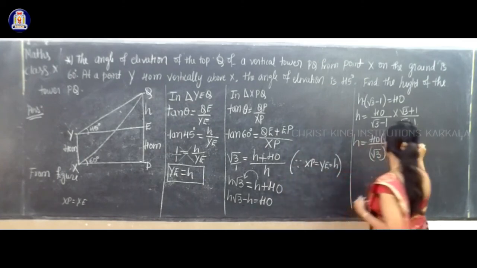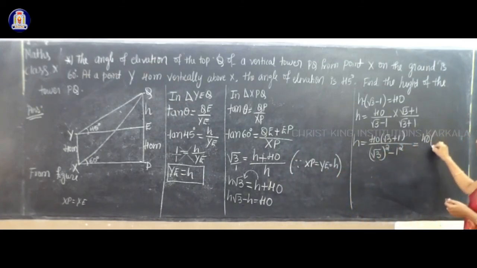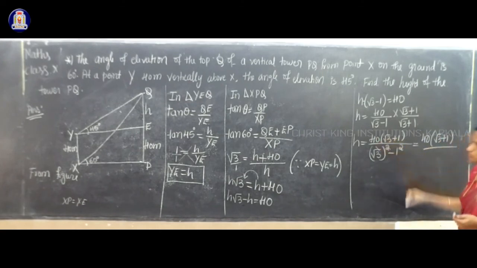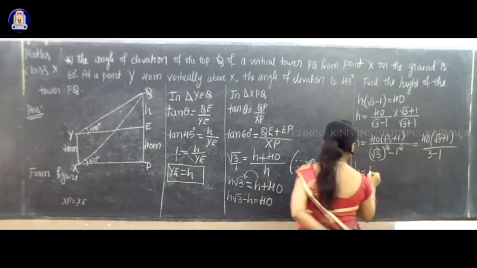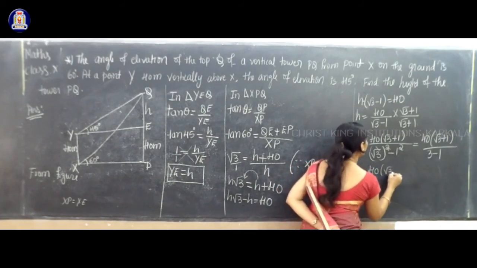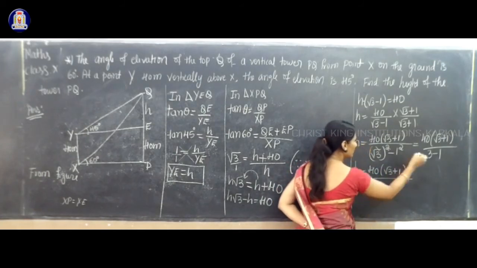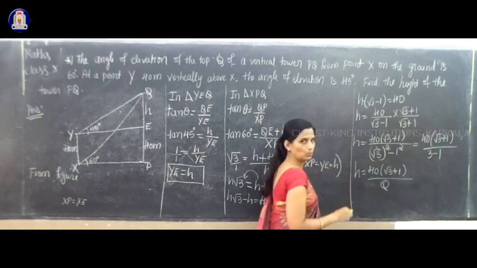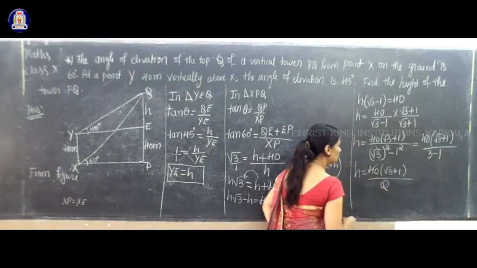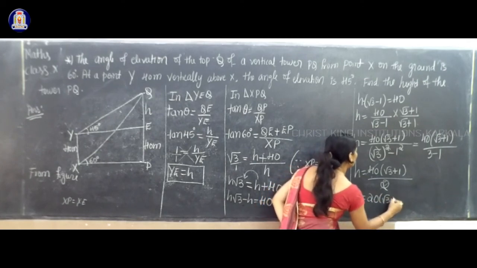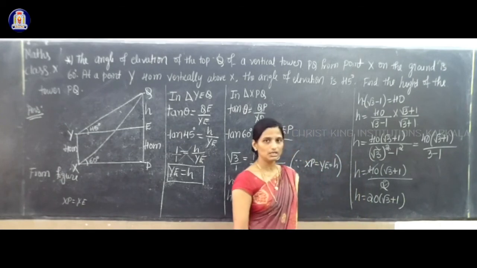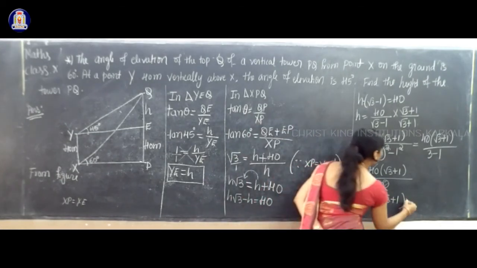So which is equal to 40, keep it as it is, root 3 plus 1 divided by, the square root cancels, so 3 minus 1 is 2. So H is equal to 40 root 3 plus 1 divided by 2. So 2 twenties are 40. So H is equal to 20 root 3 plus 1 meters.